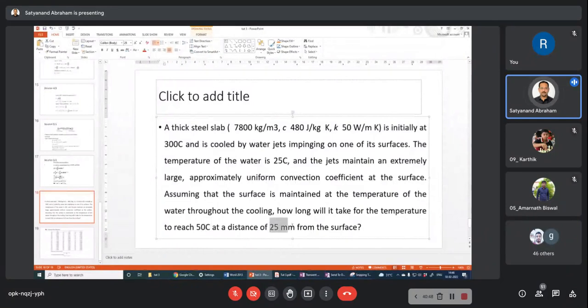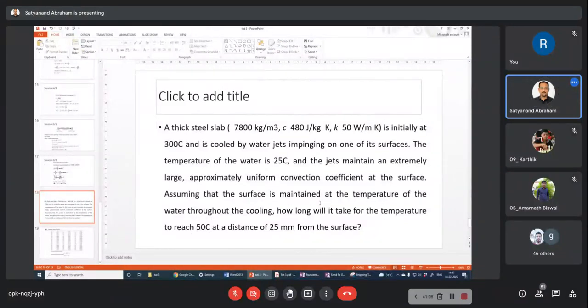Since a dimension is given and the temperature is given, it cannot be lumped capacitance. If it were lumped capacitance, it wouldn't matter what the distance is; everywhere it would be the same temperature. So from the question itself, we can see that it is not a lumped capacitance method.